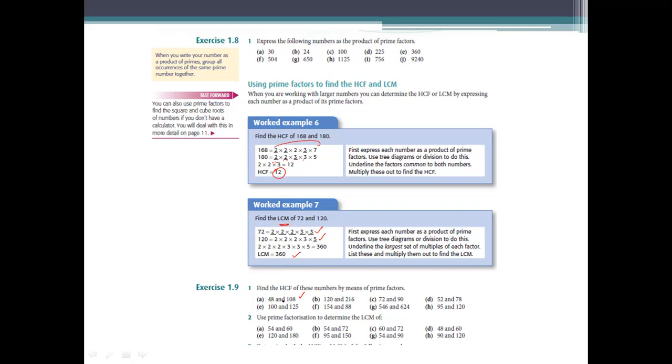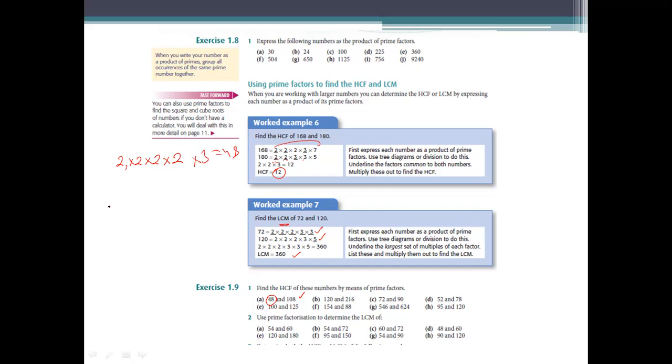Let's do this first one: 48 and 108. What was the question? Find the HCF of these numbers by means of prime factors. First of all, we need the prime factors of 48. Let's write it: 2 times 2 times 2 times 2, and 2 times 2 is 4, 4 times 2 is 8, 8 times 2 is 16, 16 times 3 is 48.